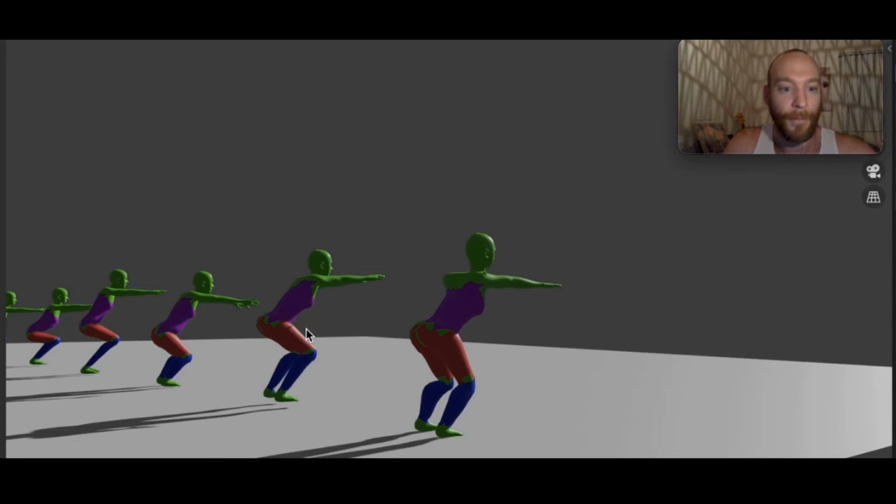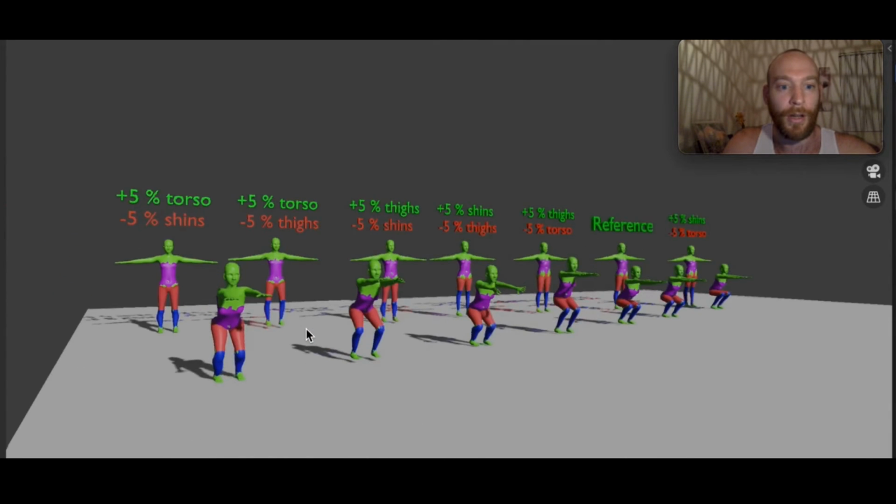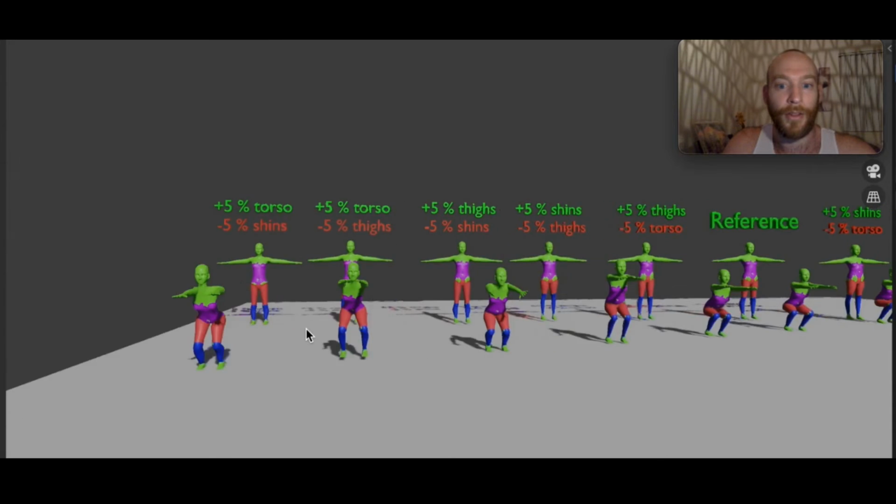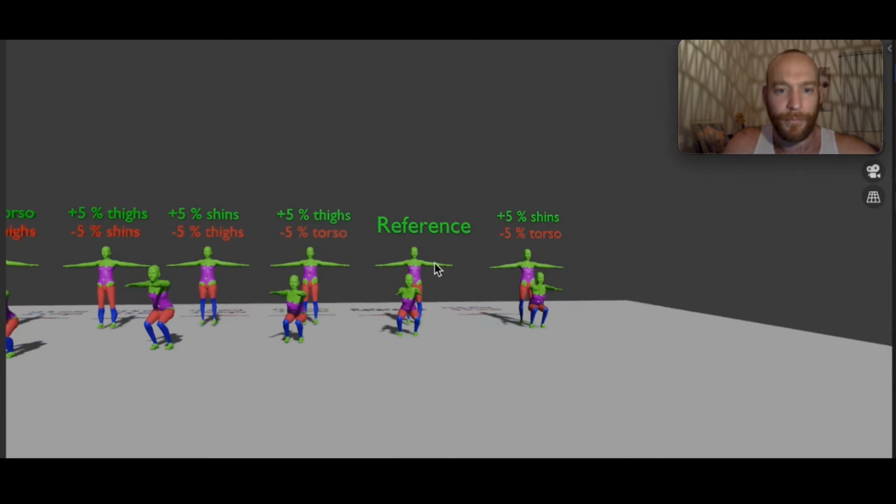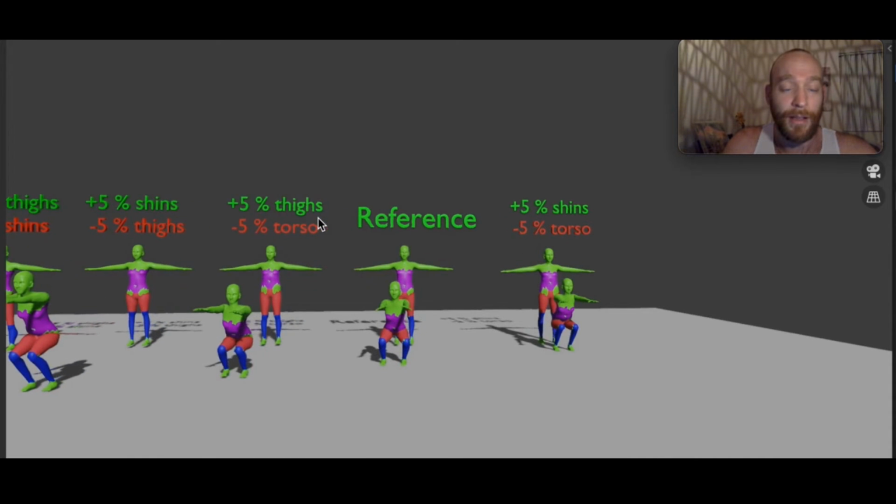They're quite far. If we look actually on the other side, well, the +5 thighs surprisingly is one of the better squatters, and the +5 shins is the best squatter when it has -5 torso. So this kind of makes sense, right? This is consistent.